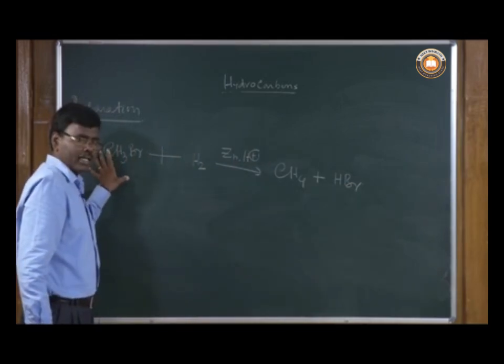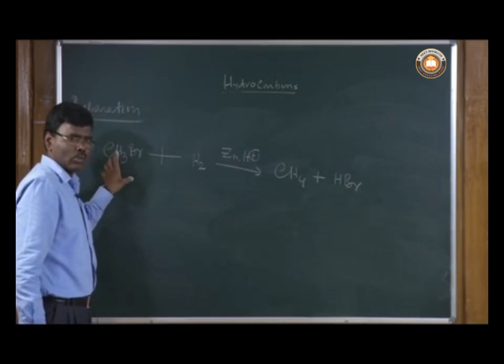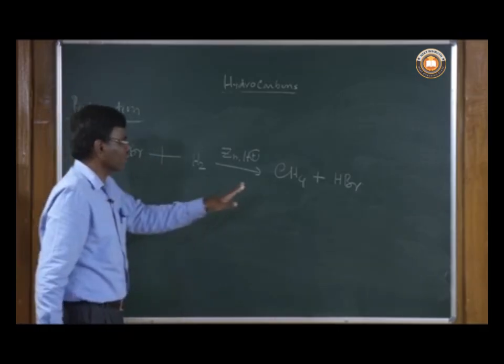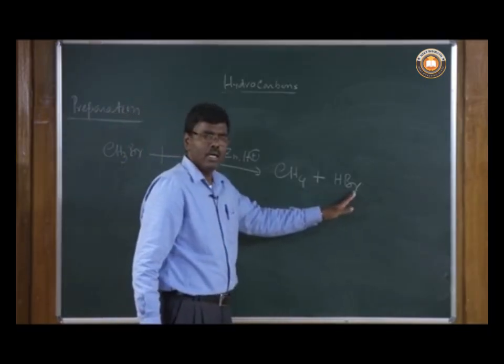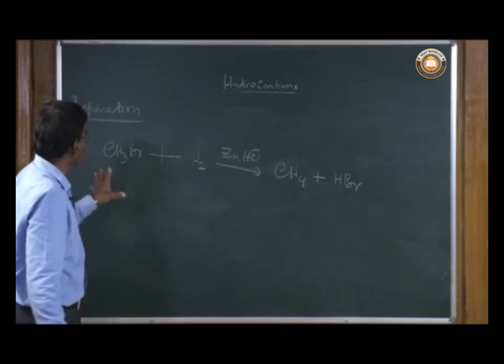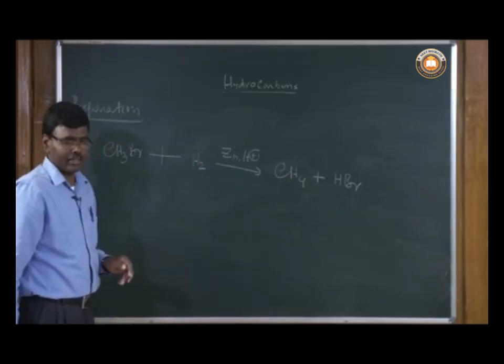If you have an alkyl halide like bromo, chloro, or iodo halides, you can reduce them to the corresponding alkane, and you generate the hydrogen halide as a byproduct. This is another reaction used to prepare alkanes.